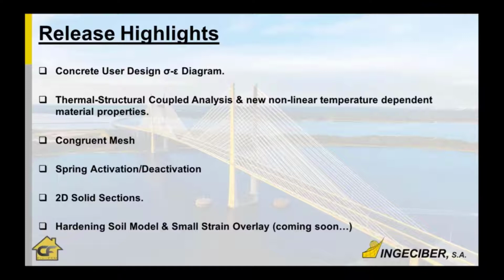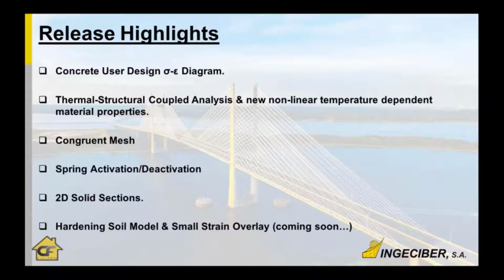Also, the improvements in the thermal-structural coupled analysis, and some new nonlinear temperature-dependent material properties that we have implemented based on codes. Other improvements are the congruent mesh and some improvements of meshing options.